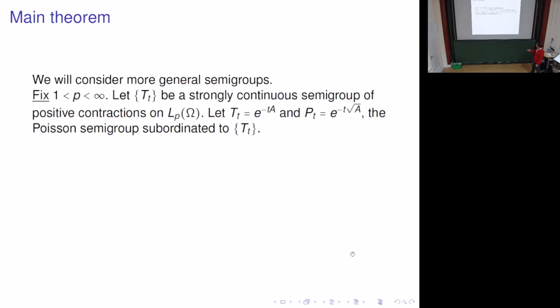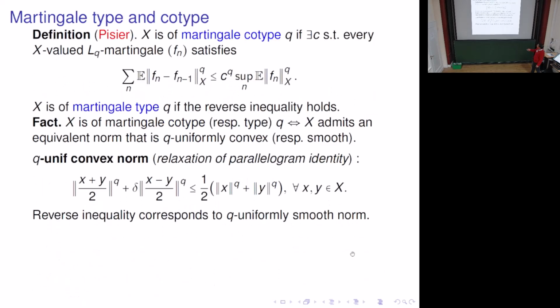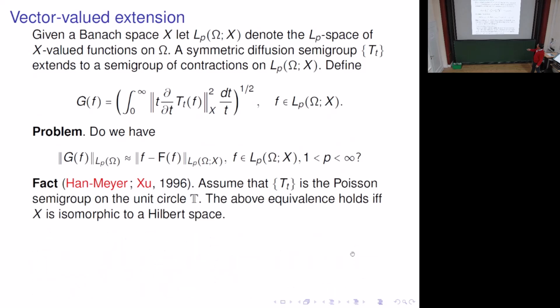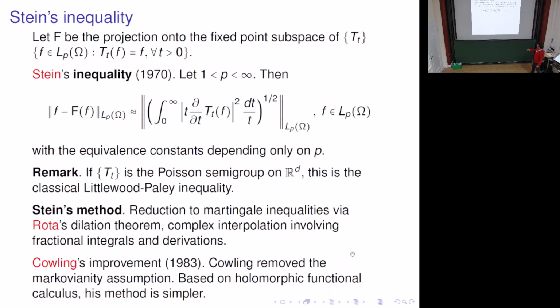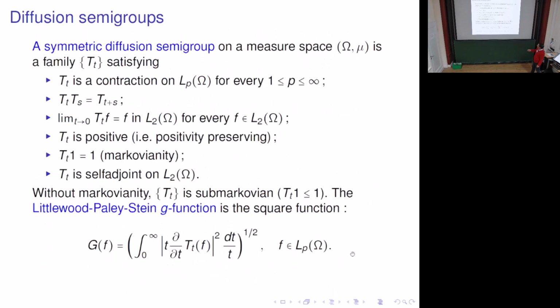I just mentioned the definition of Stein's symmetric diffusion semigroup. You see in this definition, T_t is a contraction on L^p for all p between 1 and infinity.